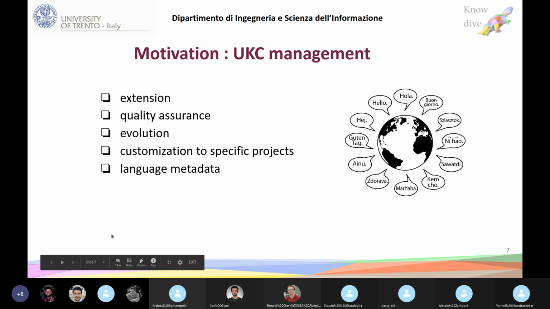Apart from all this, providing services, developing a resource requires a main component, which is the management of it. Because this is not just limited to a certain time, the idea is to improve and evolve, to increase and keep it alive as well. So here are some of the reasons why we need the UKC management.